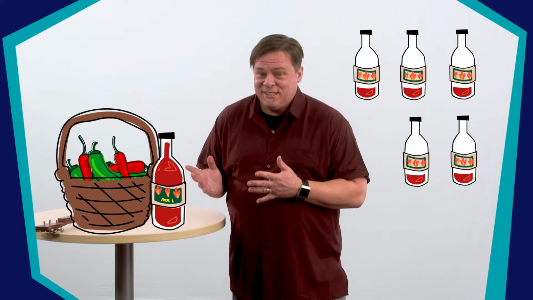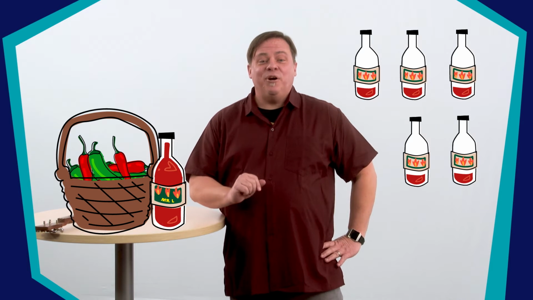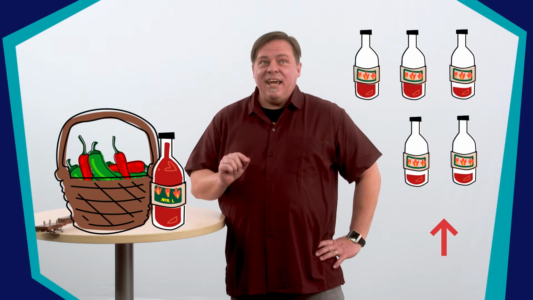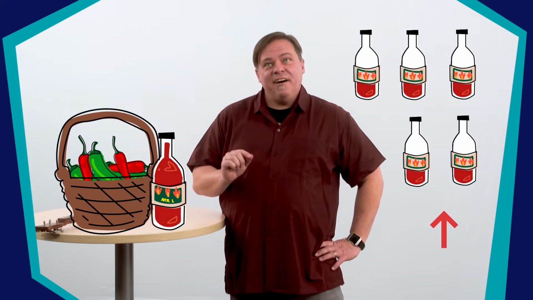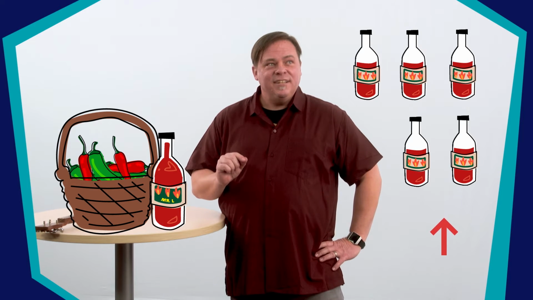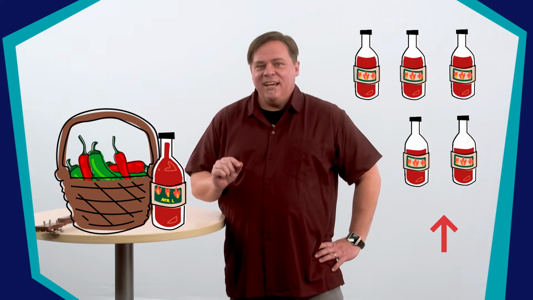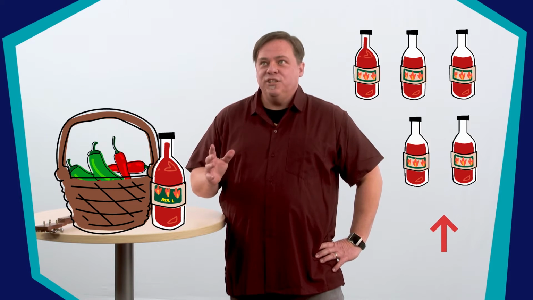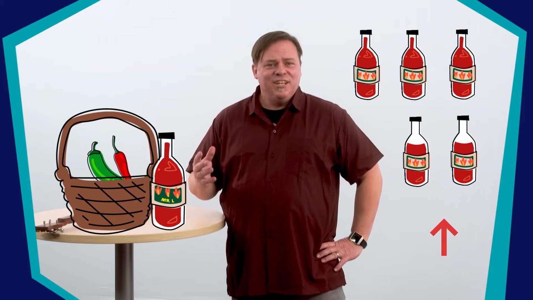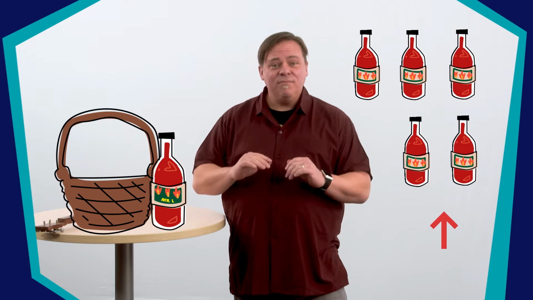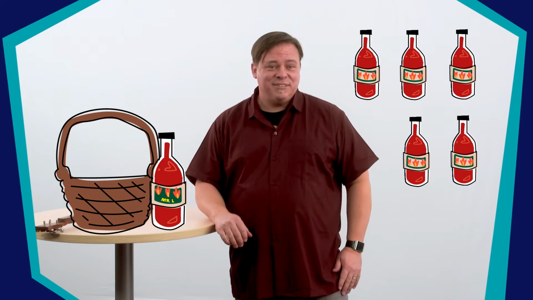There's more peppers still in the basket, so I'll keep going until they're all gone. 6, 7, 8, and so on up to 25, done. All the peppers are now in bottles.